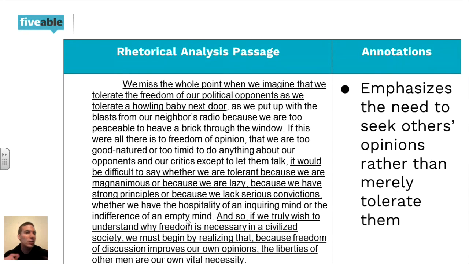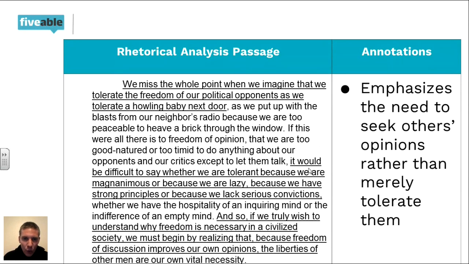He juxtaposes, and you can word that in a different way. He juxtaposes, there's a lot of juxtaposition happening here, but don't just say juxtaposition. Say juxtaposes X with Y. So he juxtaposes what tolerance looks like versus valuing others' opinions looks like. And obviously he puts preference on the value. Let's go back to the middle portion here, and let's talk about just very practical application of analysis.